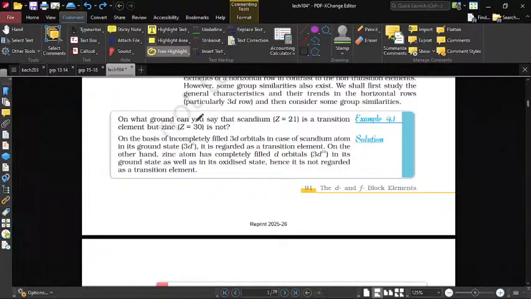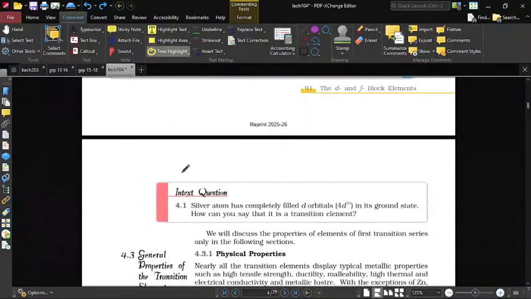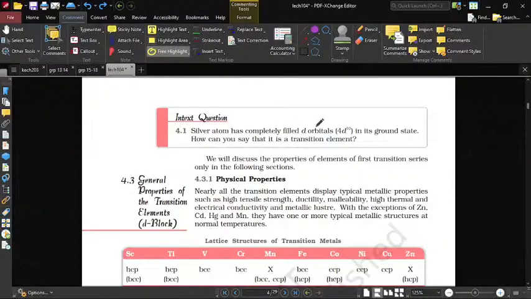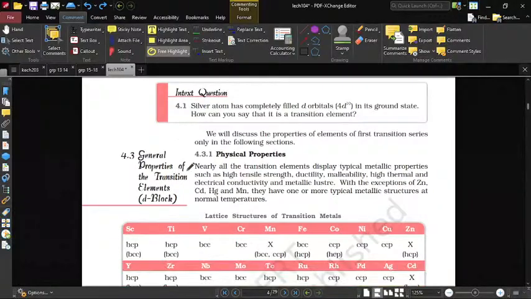Scandium is a transition element; zinc is not, क्योंकि उसका fully filled होता है, completely filled d orbital in ground state, क्योंकि उसको s से एक आया था ताकि उसको completely stable मिले. So we can say that it's a transition element क्योंकि उसमें transition करेगा ना, states अलग अलग state में जाएगा अपने different states में.